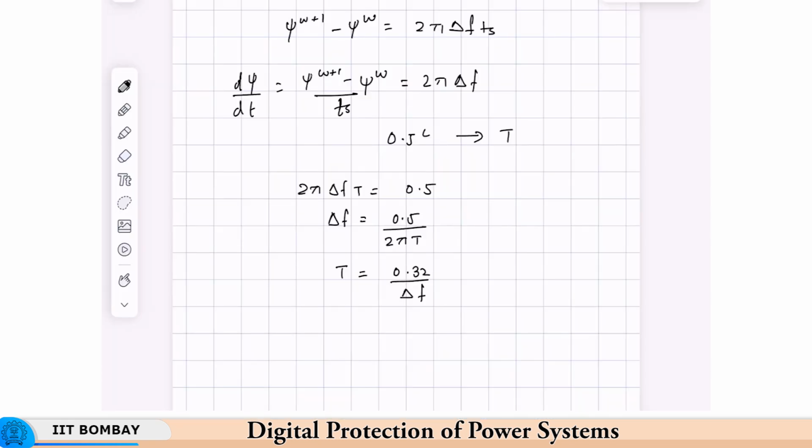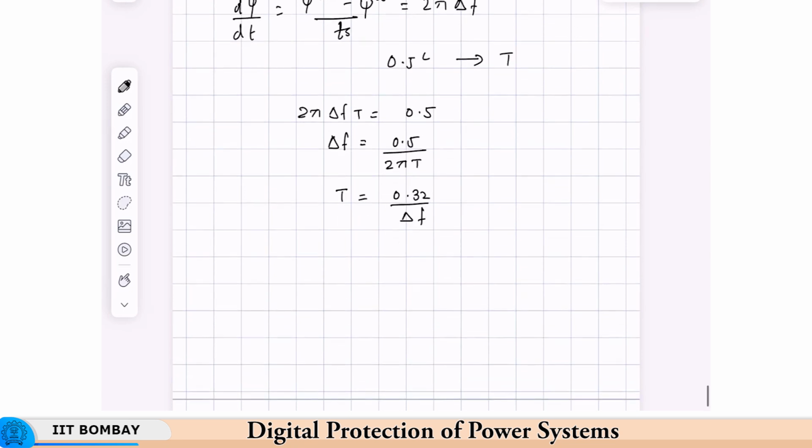So that method can be erroneous, and you will have to correct for the shift in frequency and then look at the zero crossing. That method is also followed, but here the advantage is that you simply use the DFT leakage to your advantage, and use that to estimate the system frequency.